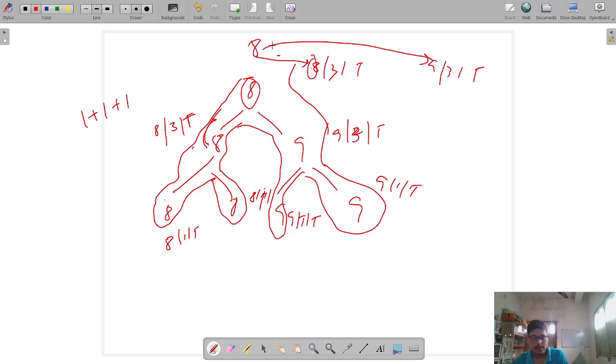This value is equal to this but not equal to this, so this will not be a single value subtree. So we will return 8 as its root value, and 3 plus 3, 6, and false, as this is not a single value subtree. So we will print 6 as my answer. So let's code now.